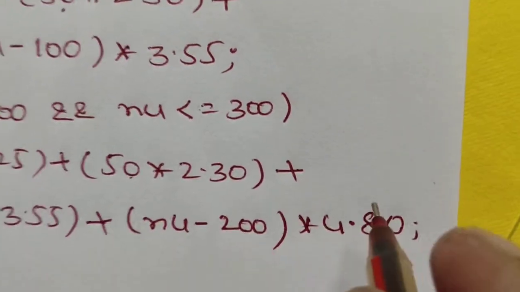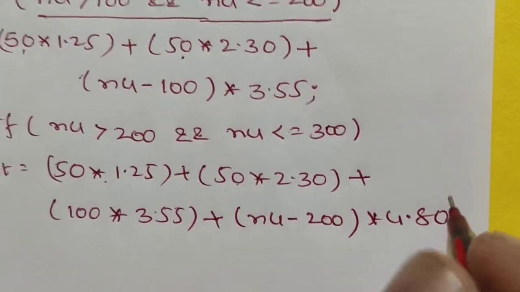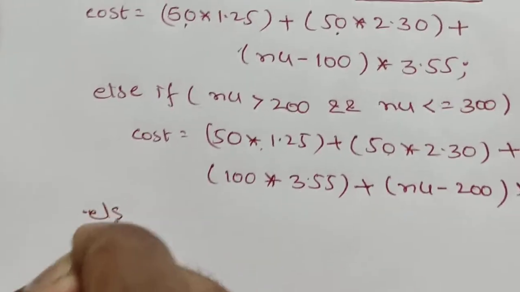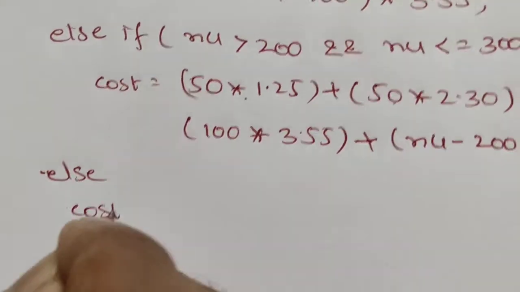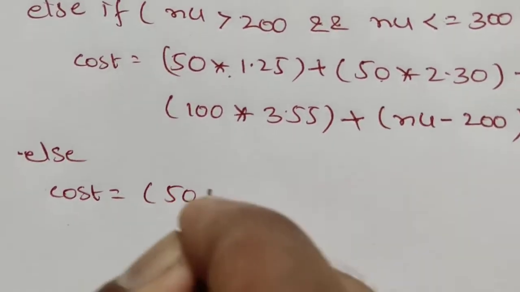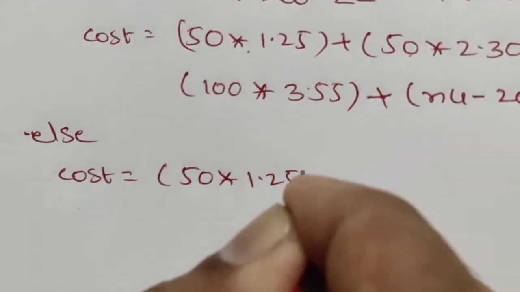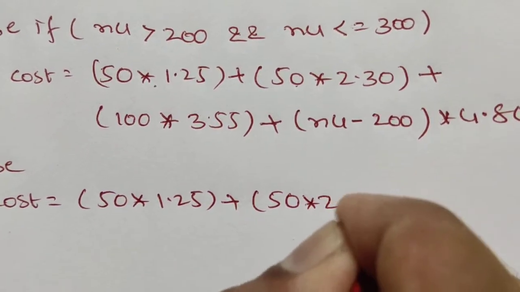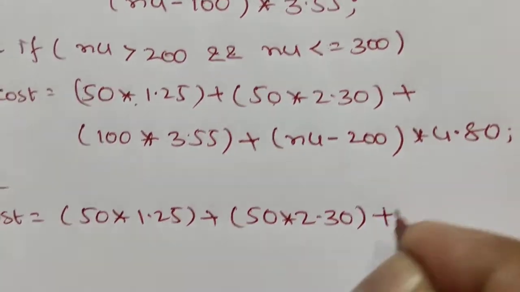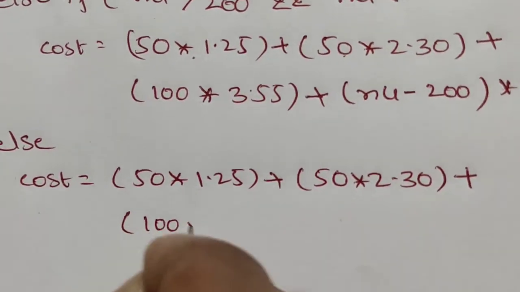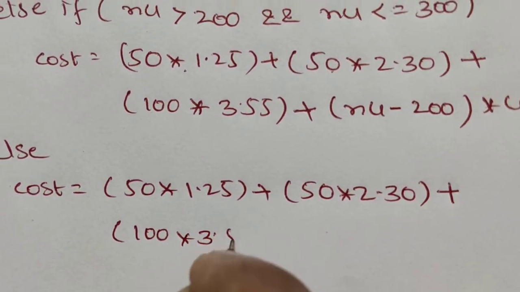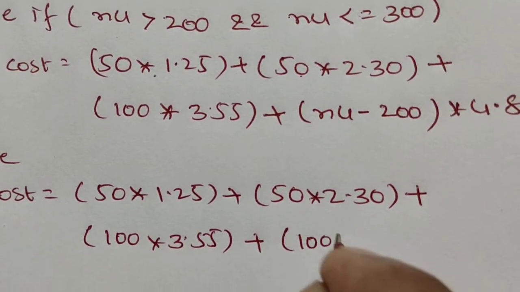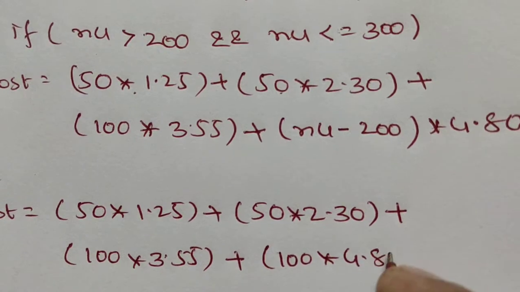Suppose the consumption is more than 300. For this I am going to write else cost equal to: first 50 units into 1 rupee 25 paise, plus second slab 50 into 2 rupees 30 paise, plus third slab 100 into 3 rupees 55 paise, plus fourth slab, one more 100 units, into 4 rupees 80 paise.